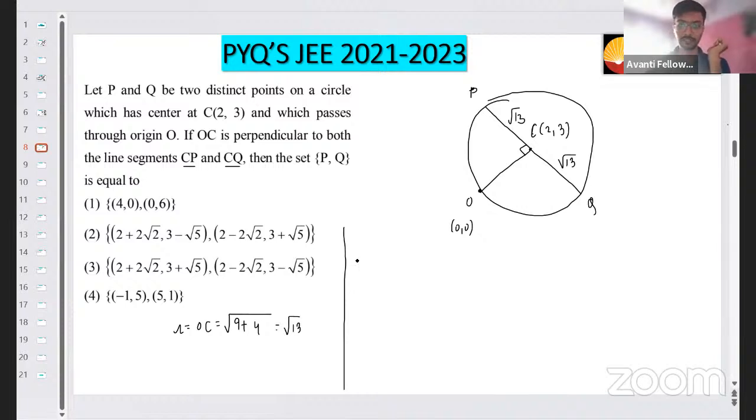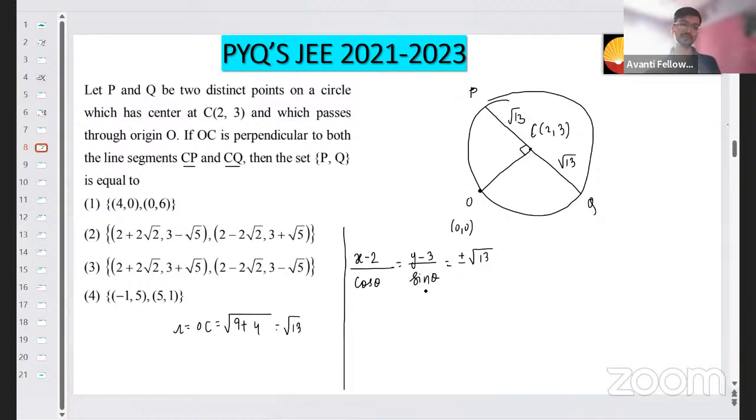So what will it be? (x minus 2) upon cos theta is equal to (y minus 3) upon sin theta is equal to, to get the coordinates of P we have to use root 13, and to get the coordinates of Q we'll have to use minus root 13. So I'll use plus minus root 13.